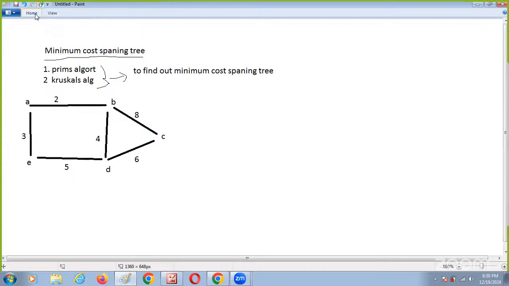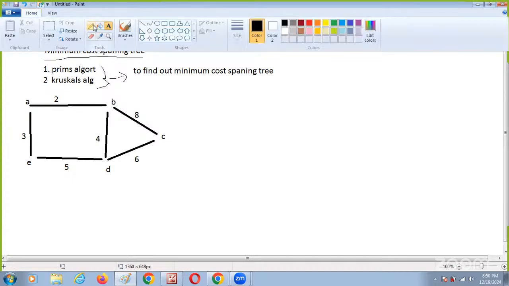So now, for this graph, tell me what the different possible spanning trees are. Anyway, I am not going to bother about that now. Try to calculate how many spanning trees are possible. Work it out with the formula and tell me later.